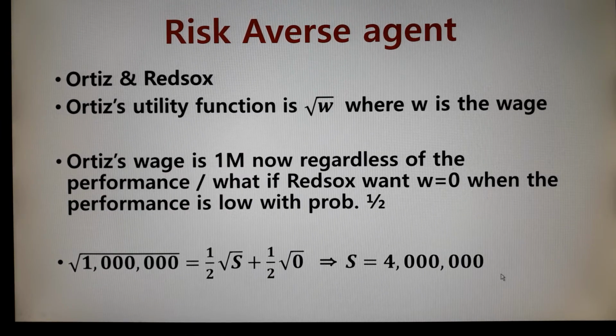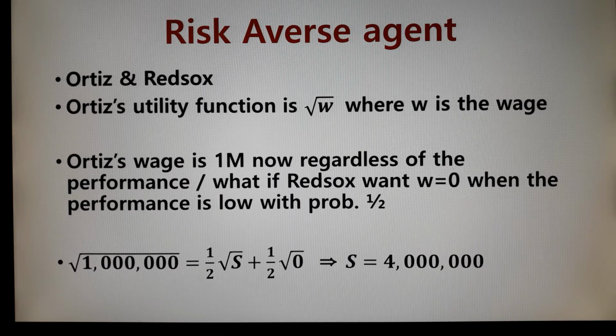So the conclusion is, in order to persuade Otis to change from the current contract where he will get $1 million in any situation, to where he will get $0 when his performance is bad, with probability of half, and S dollars when his performance is good, with probability half, then S should be $4 million. Otherwise, Otis will not change it, or Red Sox enforce it.